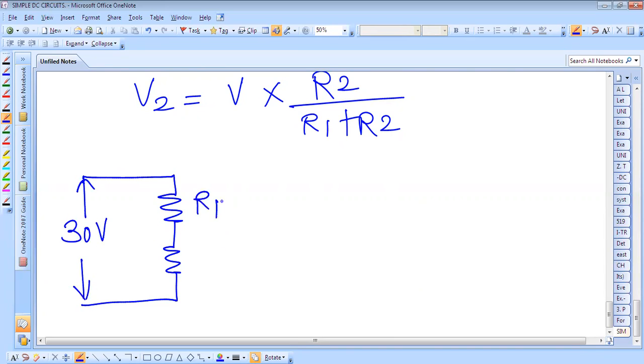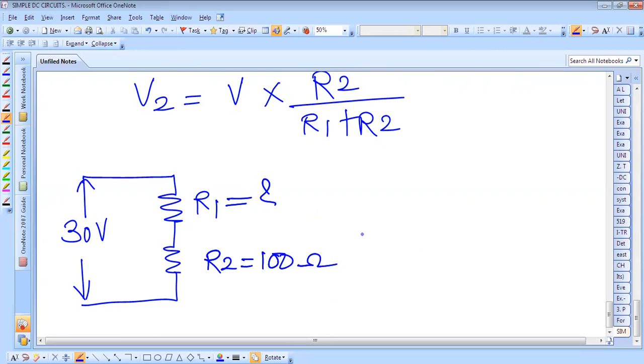This is R1, and this is R2, which is given as 100 ohm. What more is given?